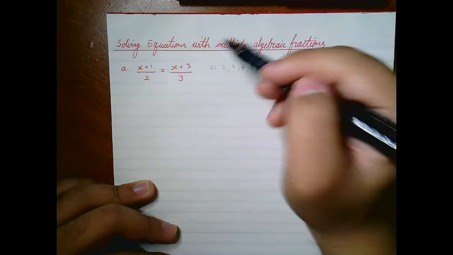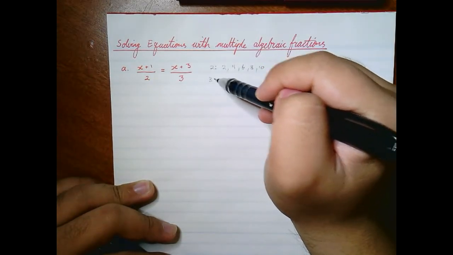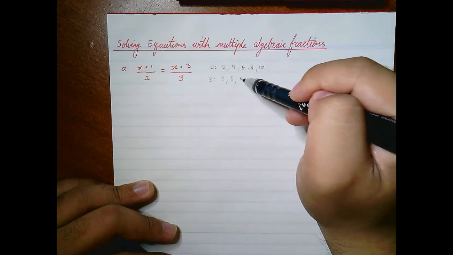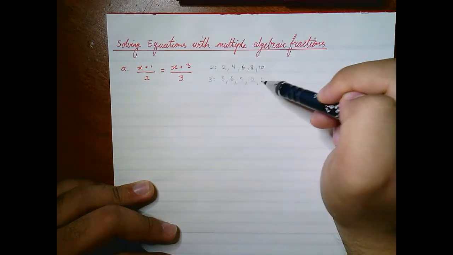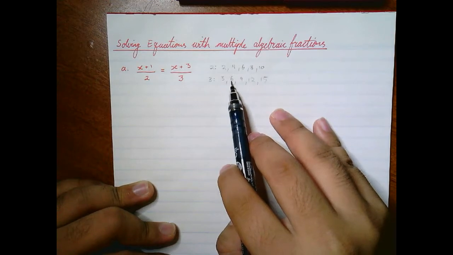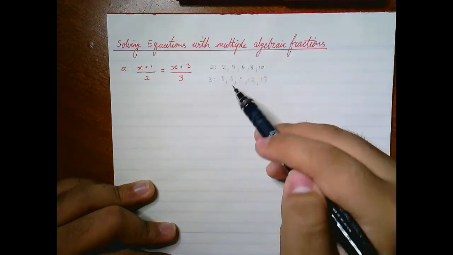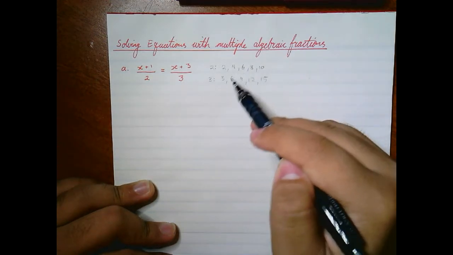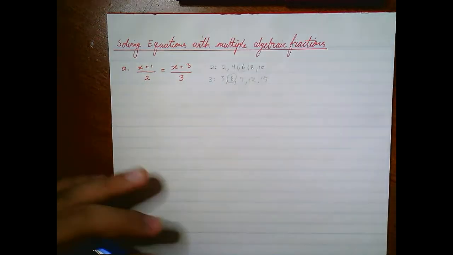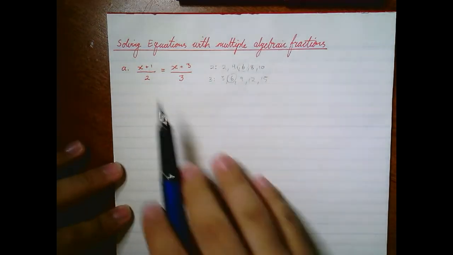We'll just stop there for now. And the multiples of 3 are 3, 6, 9, 12, 15. All we do is find the lowest one that's in both. In this case, it's 6. So both of these denominators are going to become 6.